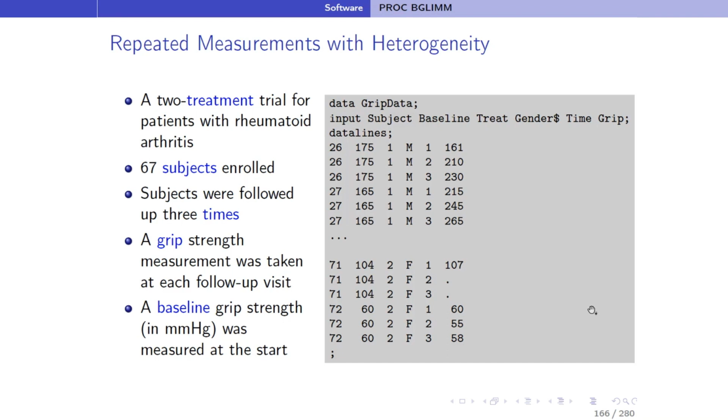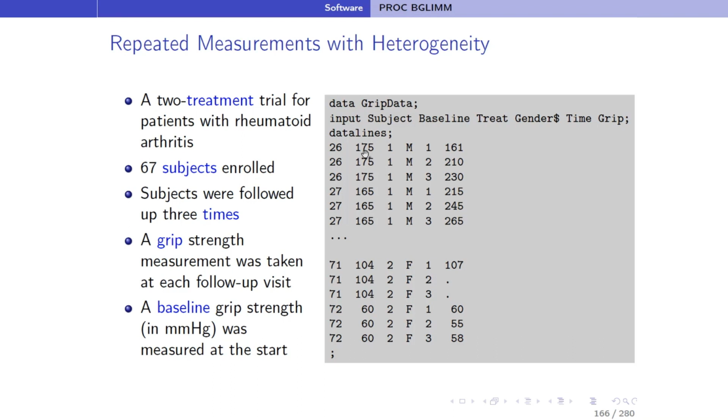Again, this is a 2-treatment trial for patients with rheumatoid arthritis. So there are 67 subjects who enrolled, and they will be followed at 3 time points, 1, 2, and 3. In the data, you can see the first 3 rows come from subject 26.